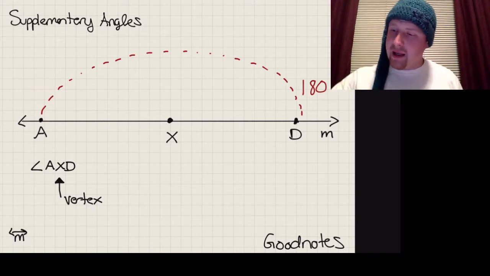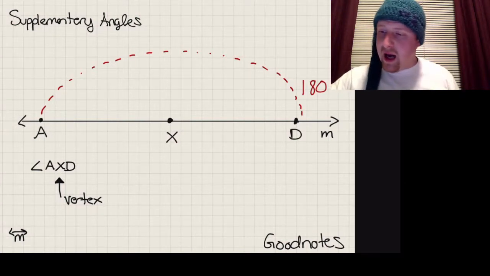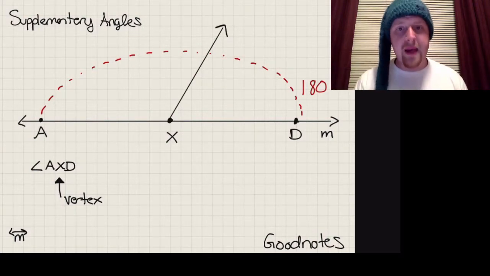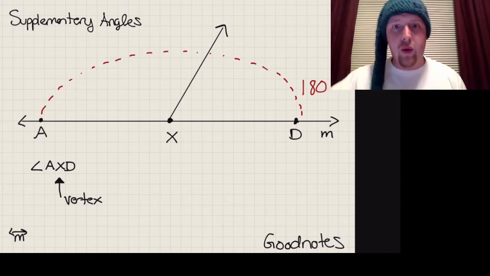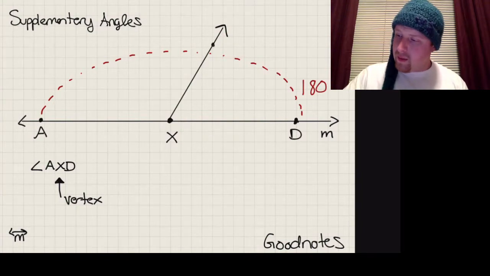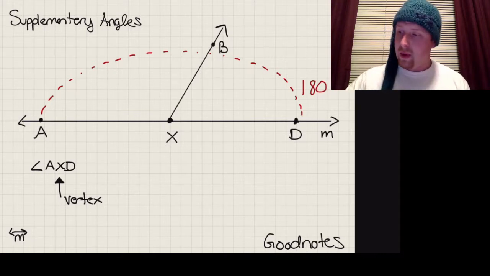However, sometimes our angles get cut by rays. Now that there is called a ray because it starts at X and goes outward. And on this, I'm going to put the point B. Now I've just introduced two more angles.